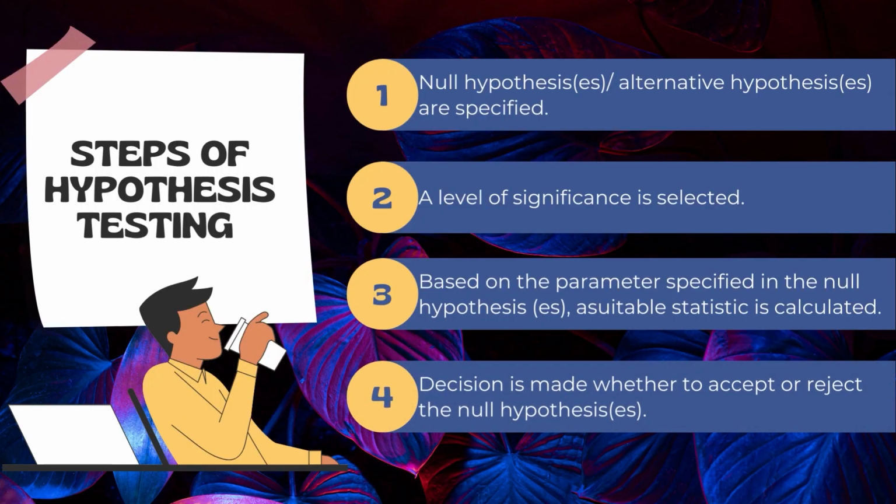Once step 3 is done, the last and most important step comes, because inferential statistics is about making inferences and drawing conclusions. It is the final and important step where the decision is made whether to accept or reject the null hypothesis.